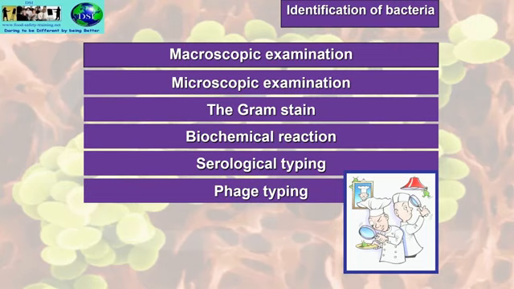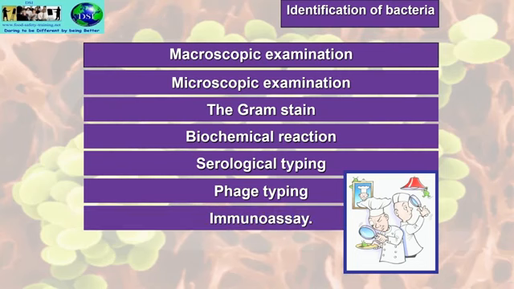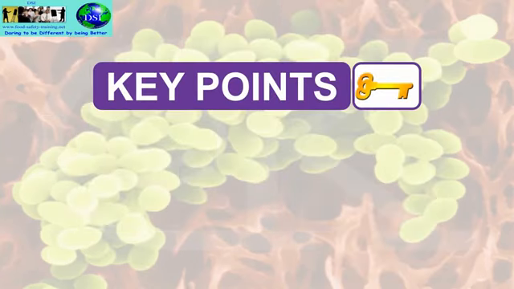Phage typing, again, similar to serological typing. And using things called immunoassay. For more details on the gram stain, the reactions, typing, and immunoassay, if you look at the notes that are being provided, it'll give you some further info.